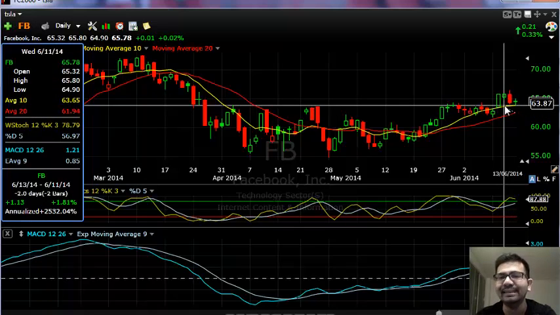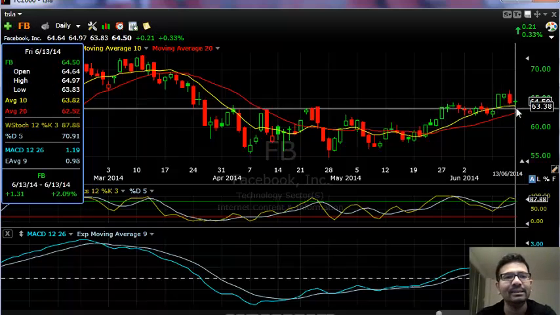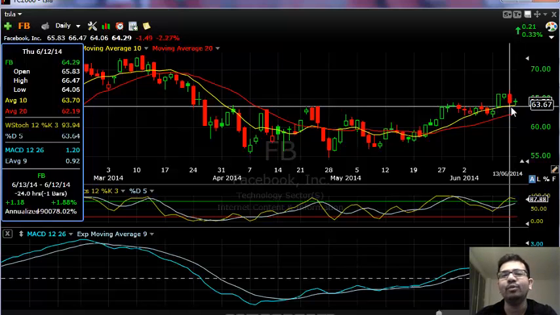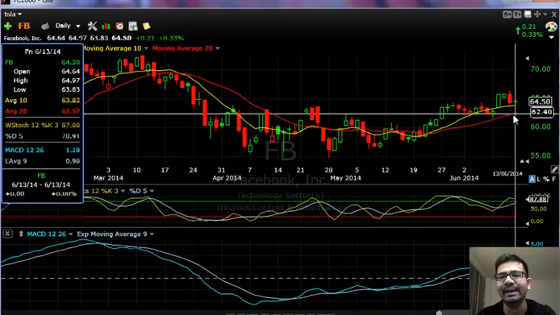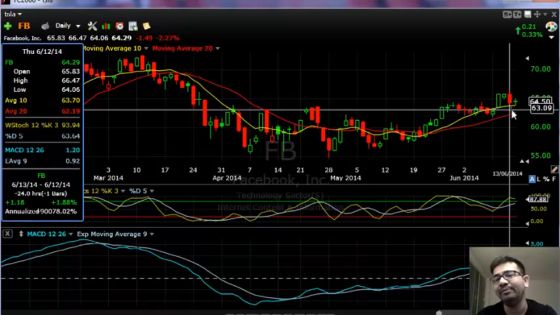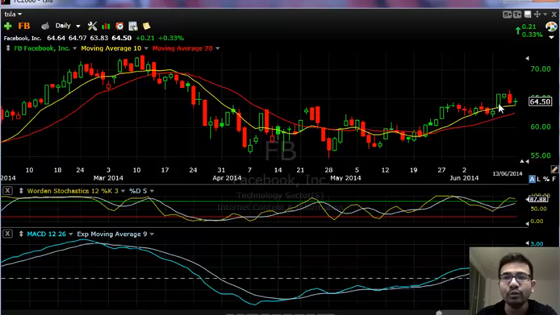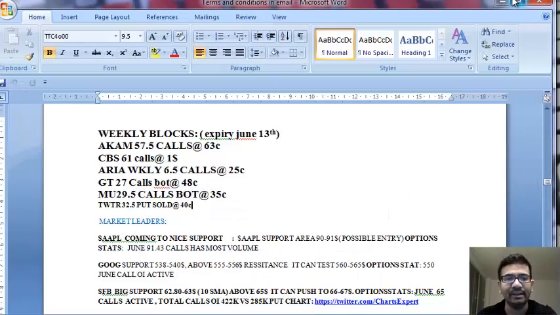So as long as it can hold maybe that 65 area, and it can go above the 6650 area, it can push maybe a bit higher here. If not, it will come back here or go lower, probably, if the market does not hold. Also, I gave you another confirmation here.